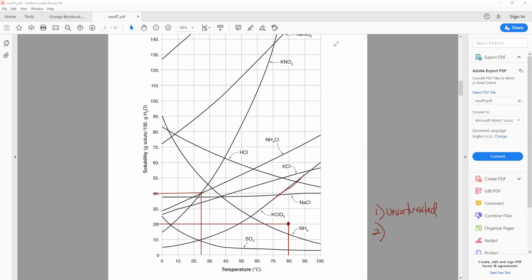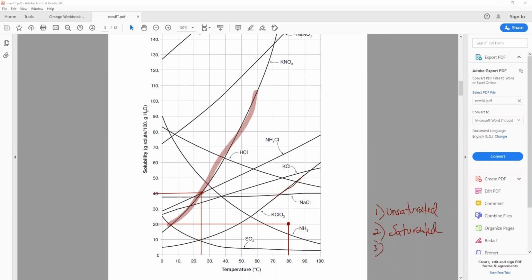I am looking for KNO3. Where's my KNO3? My KNO3 is over here. And I'm going to see that this point right there is on the graph. If it's on the graph, therefore it's going to be saturated.